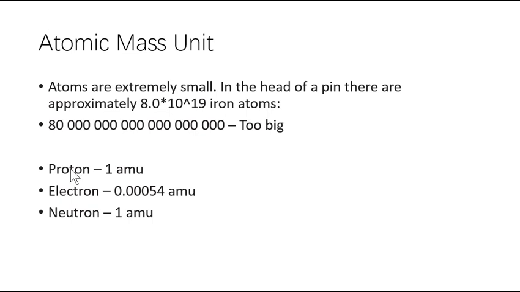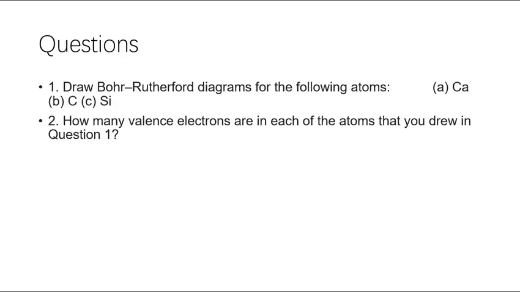For example, the mass of a proton and the mass of a neutron are both one atomic mass unit, while the mass of an electron is only about 0.00054 AMU, or atomic mass unit.